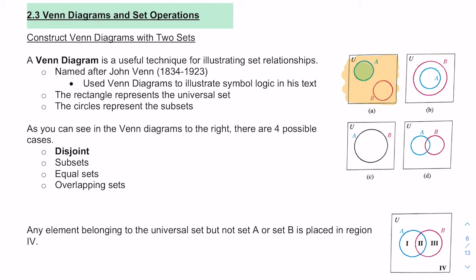When you have two different events, there's 4 different possible cases. This top one here is a disjoint event. So disjoint also means mutually exclusive. And it means that they can't happen at the same time.